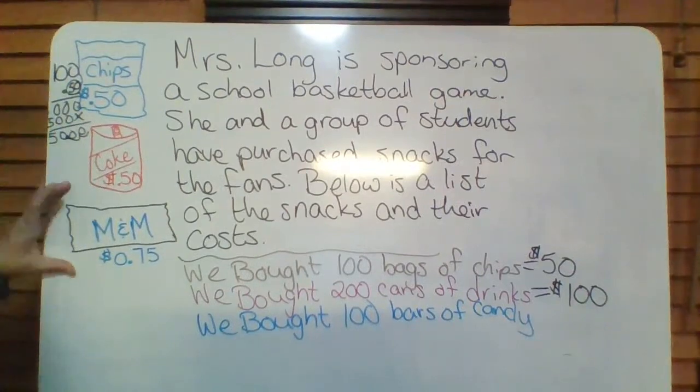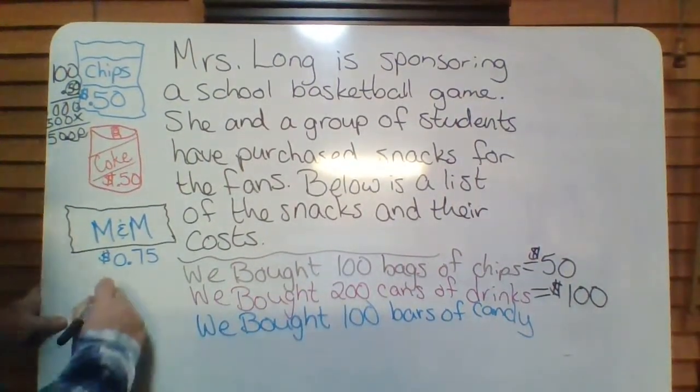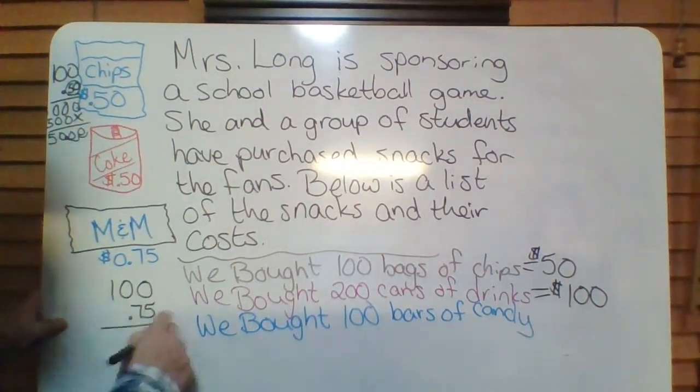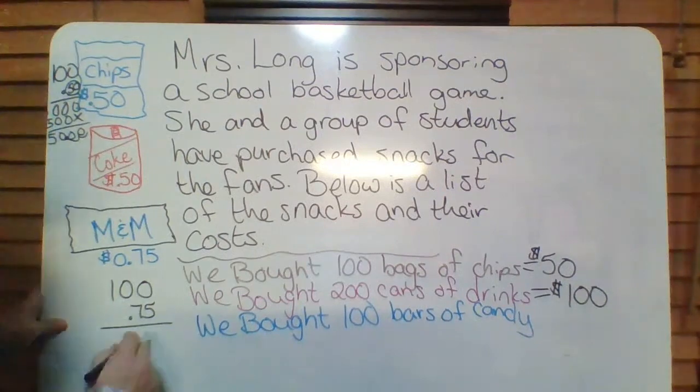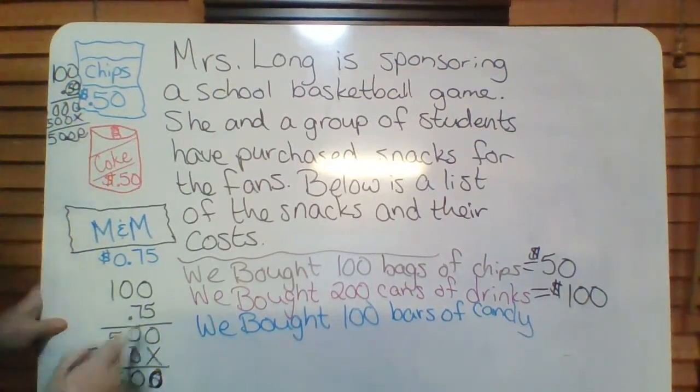Now, candy. We bought 100 bars of candy at 75 cents. So I'm going to take that 100 and I'm going to multiply by 75. So I have 0, 0, and 5. Put your placeholder. 0, 0, and 7. 0, 0, 5, 7. How many decimal places?